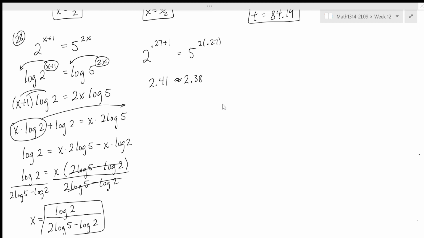In other words, I made each side a separate equation. And can you see that those do cross at 0.274? So if I set those up as separate equations, I can actually click on the point of intersection, and the x-coordinate is my answer. I think maybe Desmos is faster than doing it by hand.